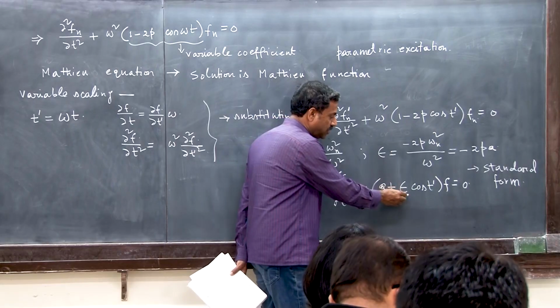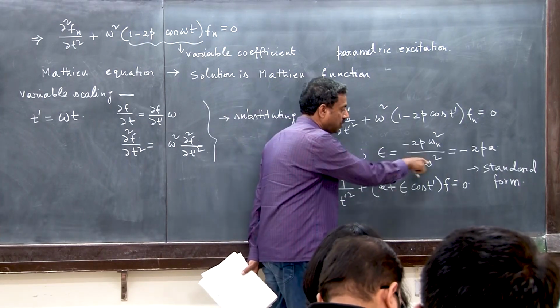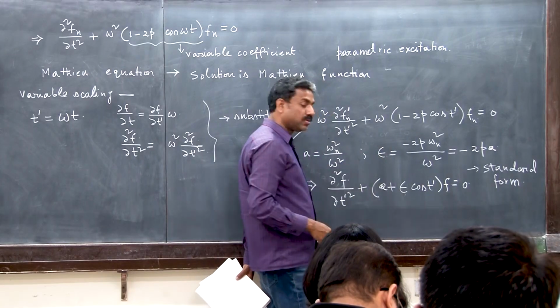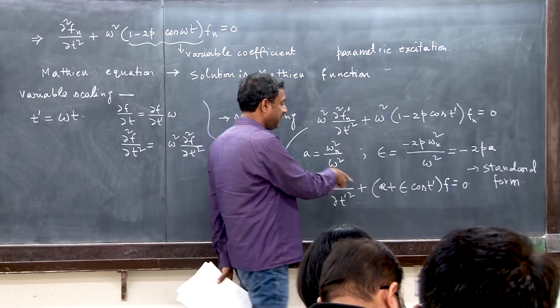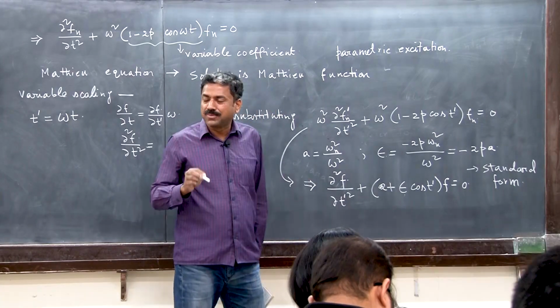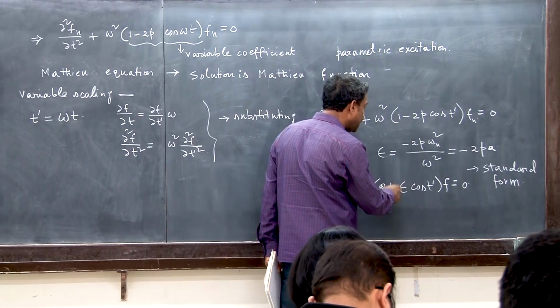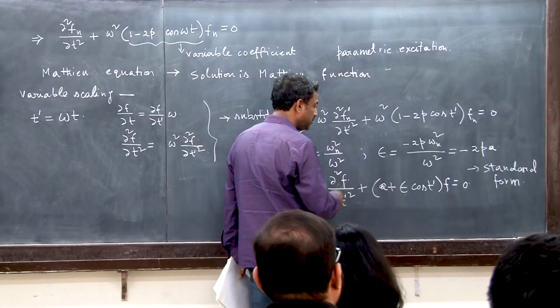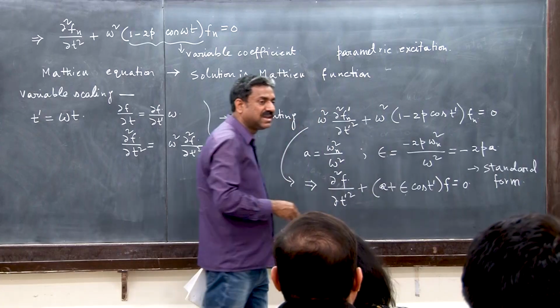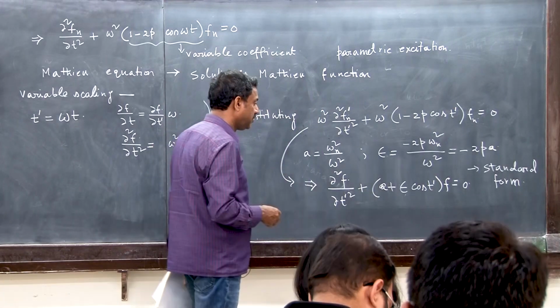You can understand epsilon to be a very small parameter because p is a small parameter, and omega n square by omega square, so treating epsilon to be a small parameter and a as kind of a constant, we can have an asymptotic expansion for both f as well as omega.